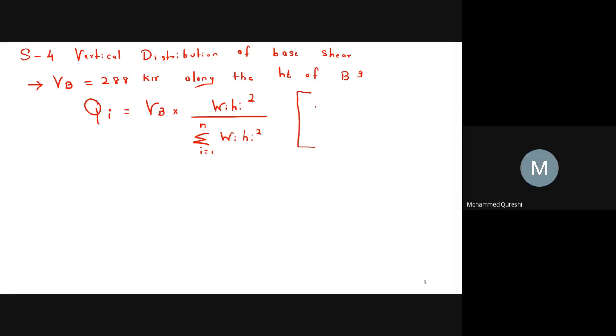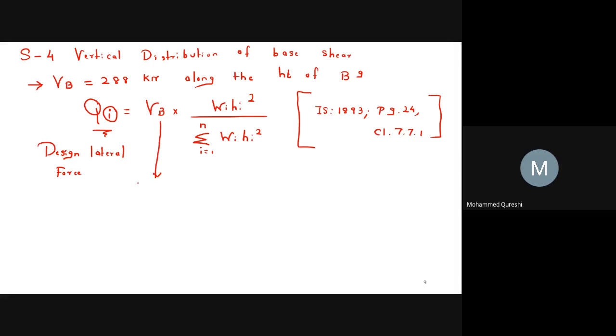This equation is given in IS code 1893 part 1 2002, page number 24, clause 7.7.1, where Qi equals design lateral force at ith floor.